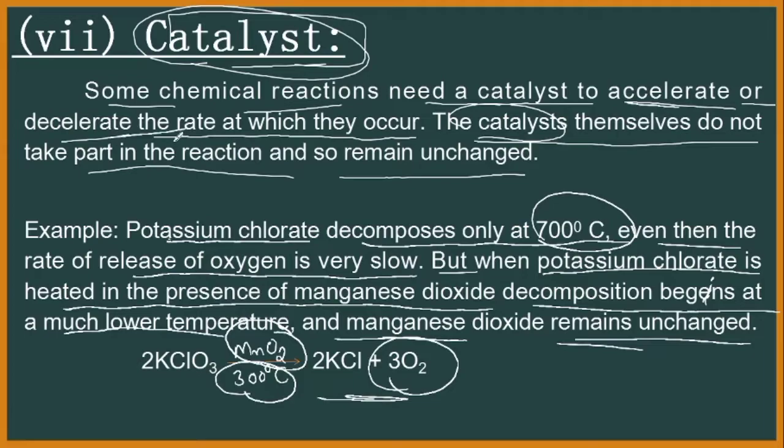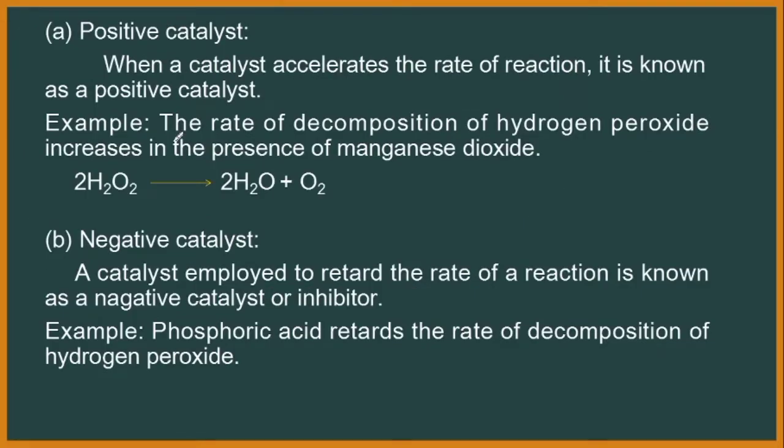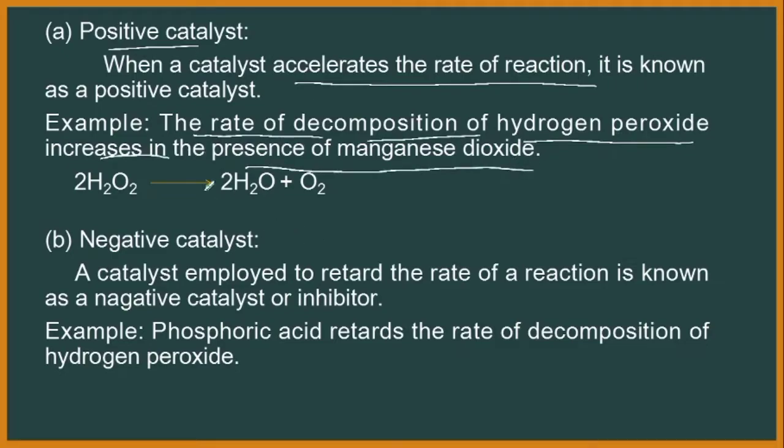Here we have two types of catalyst. One is the positive catalyst, which accelerates the rate of reaction, that means increases the rate of reaction. For example, the rate of decomposition of hydrogen peroxide increases in the presence of manganese dioxide.